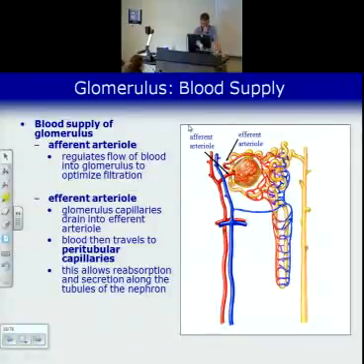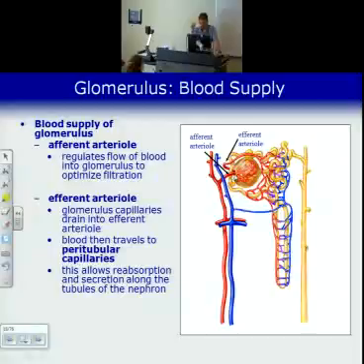And so the discussion continues, looking at this functionally from a perfusion standpoint, and then functionally from a nephron filtration standpoint. So blood supply. As we said before, we talked a little bit about our afferent arteriole coming from our systemic blood supply.